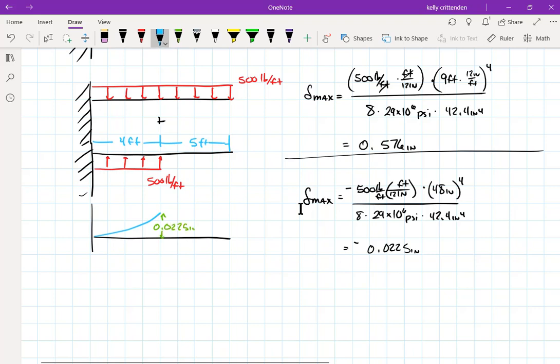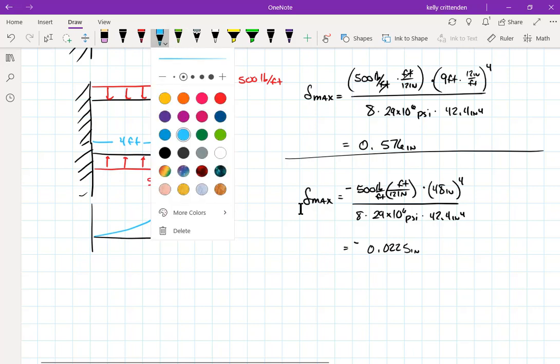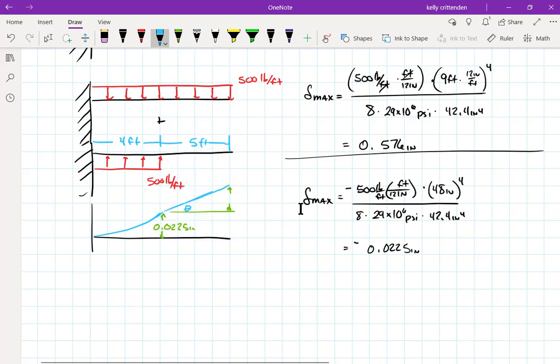But now we've got to take into account that this beam continues sloping, and we've got to figure out this number. So we need to know theta at the end of the beam. These should be a continuous slope at that point. I kind of made them look discontinuous.